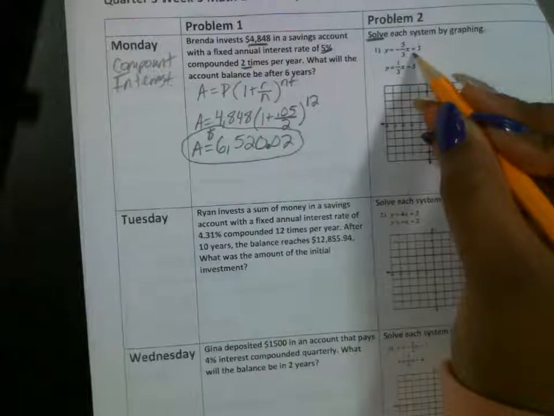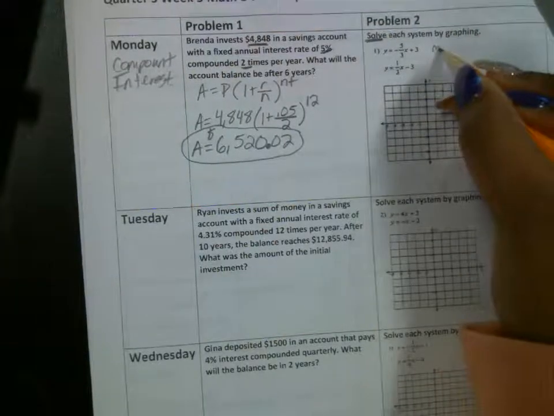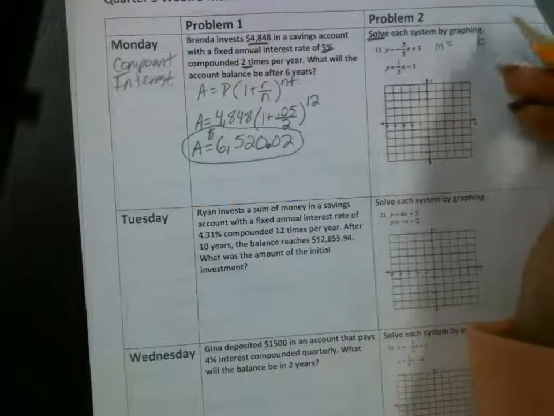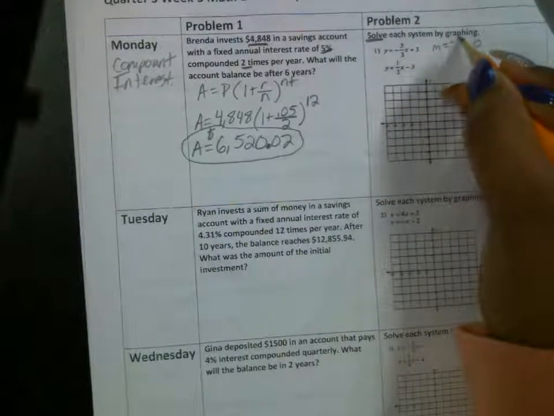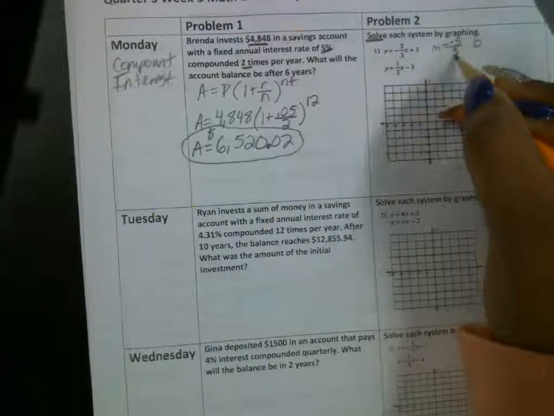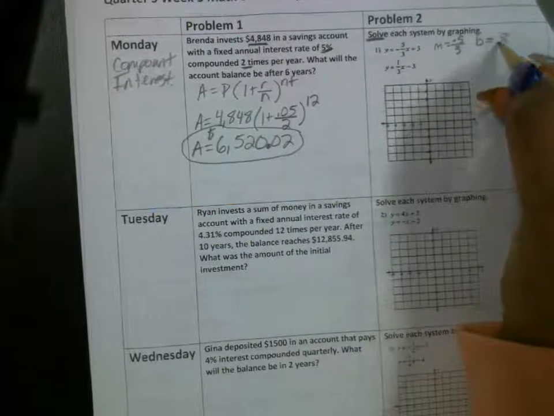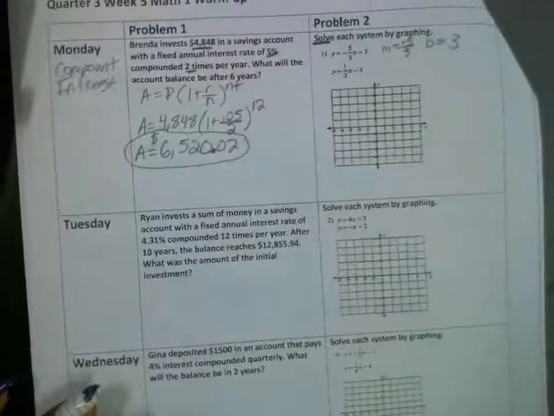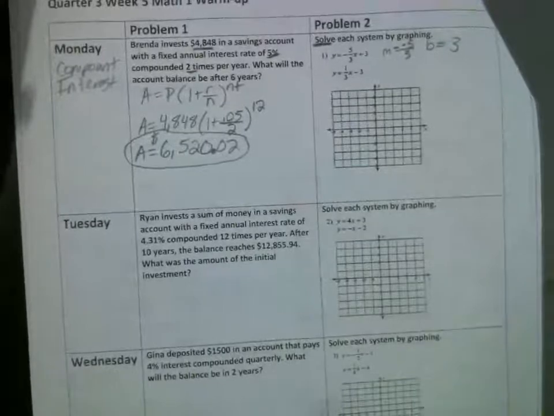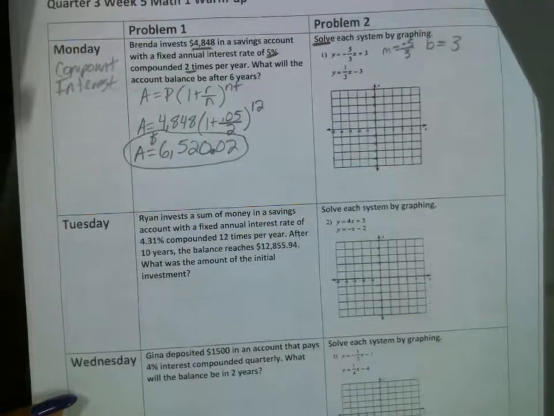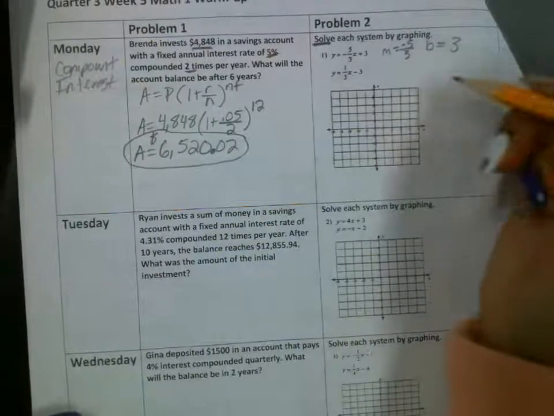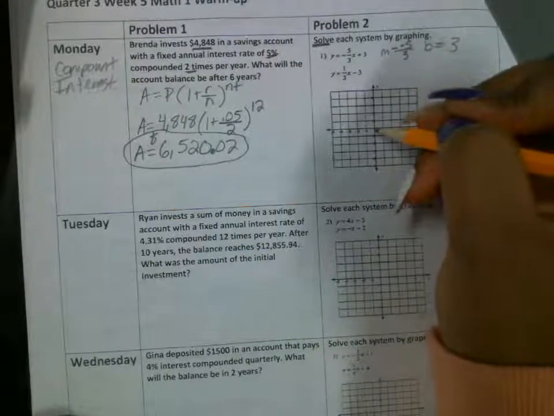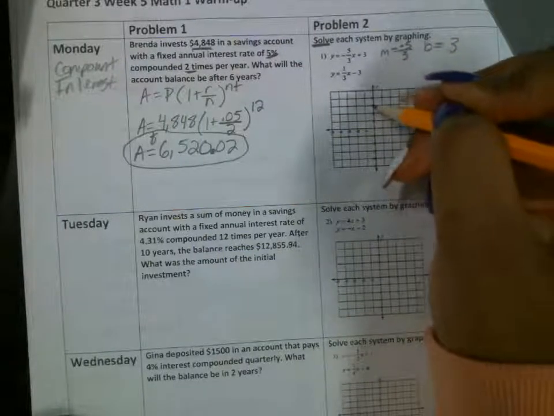Let's graph this equation first. First thing you do is label your M and your B. Your M here is -5 over 3. Your B is +3. Now you're going to find your B on the y-axis. That's your y-intercept, your starting amount. So B here is up 1, 2, 3.